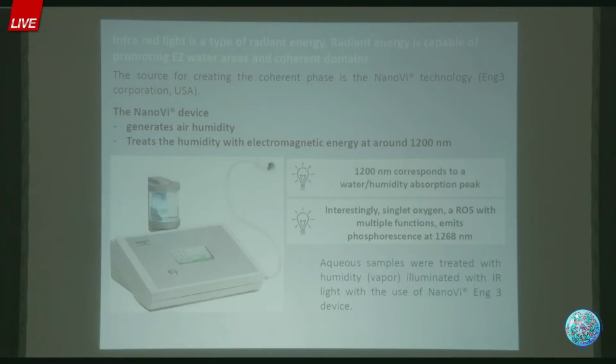An important issue is that singlet oxygen, a very common reactive oxygen species with very many functions, emits phosphorescence very closely at 1268 nanometers.